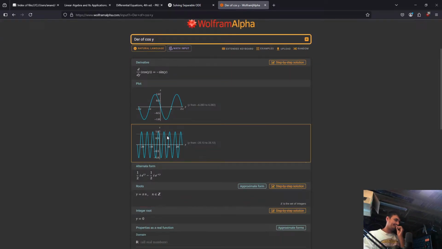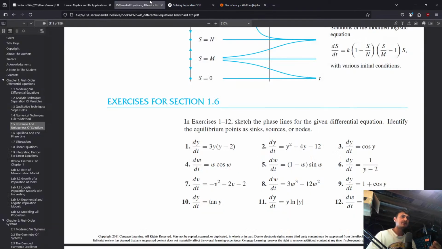Good. All right, so what we want to do is calculate minus sine of pi over 2. So minus sine pi over 2 should be minus 1, which is less than 0, which means it's a sink.